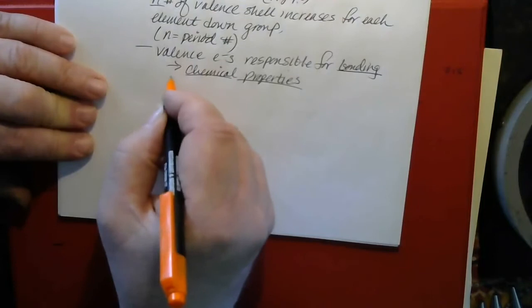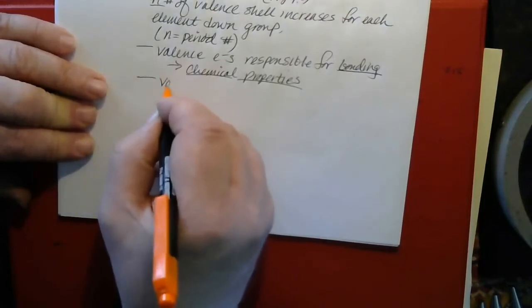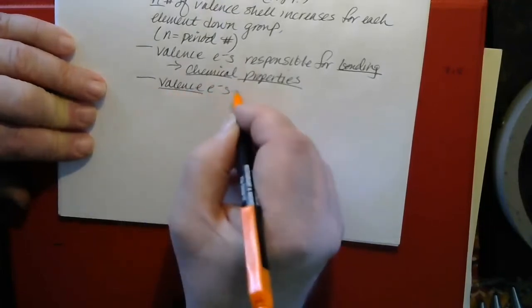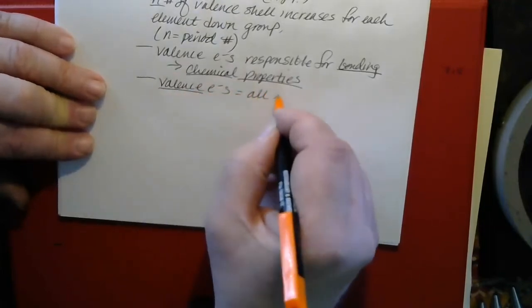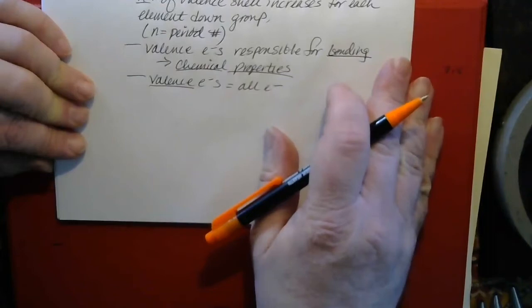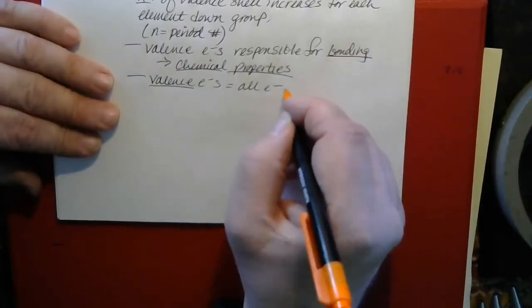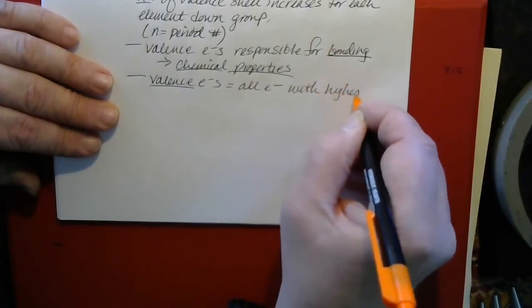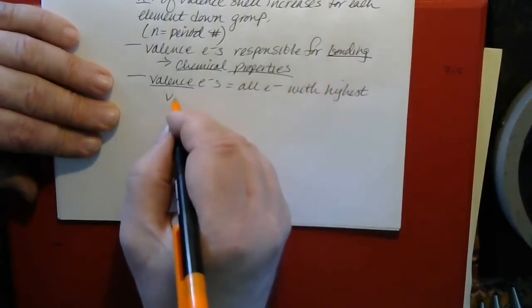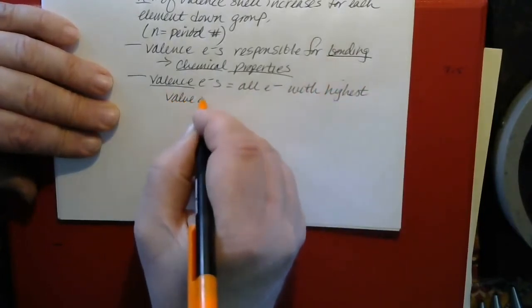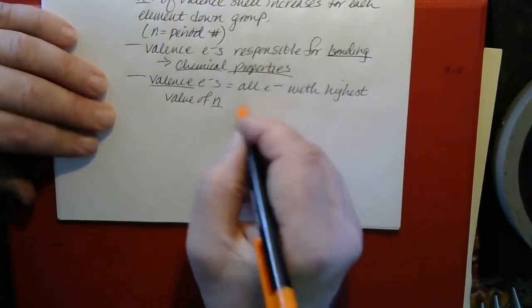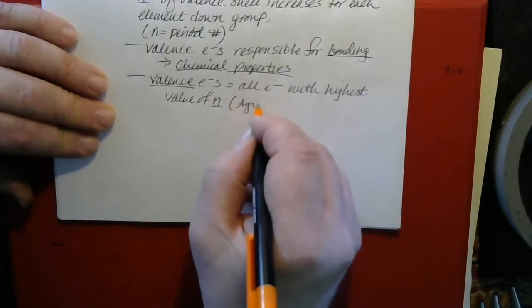And so, valence electrons are all of the electrons with the highest value of n. That's for the A groups.